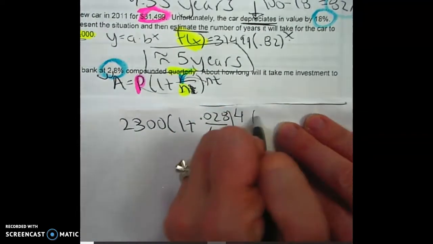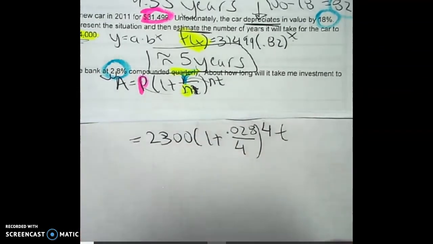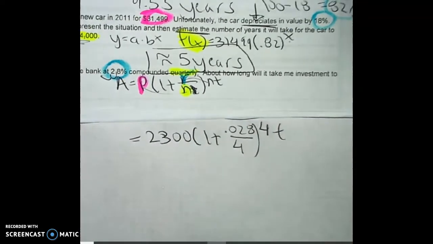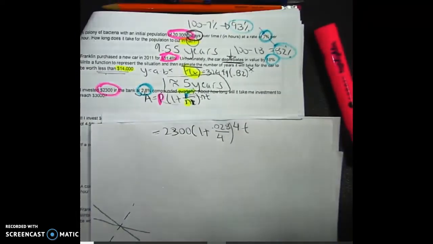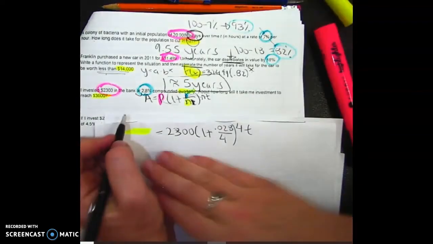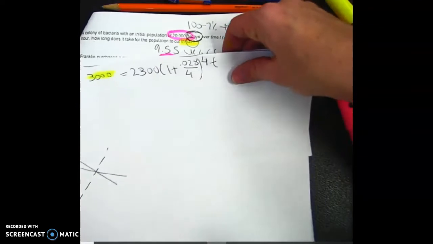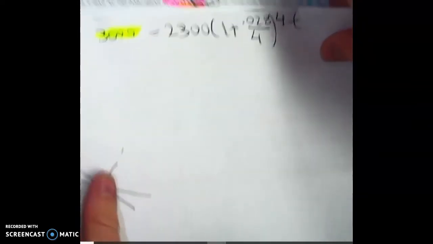And the time, I don't know the time. But they want to know how long it's going to take to reach 3,000. Let me zoom out a little bit, sorry. So that 3,000 is going to go right here. This one is definitely more complex, but I don't need anything else but this now. So let me zoom back in. I don't need anything else but this. Okay.